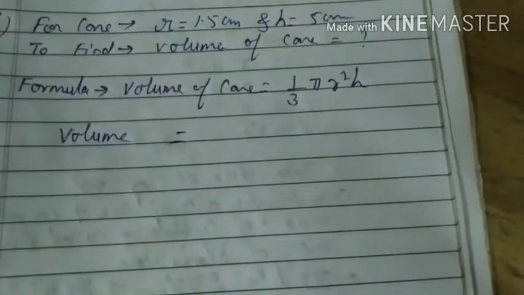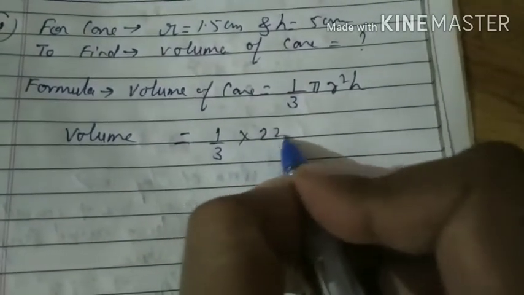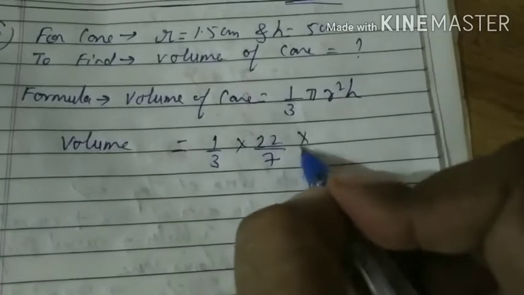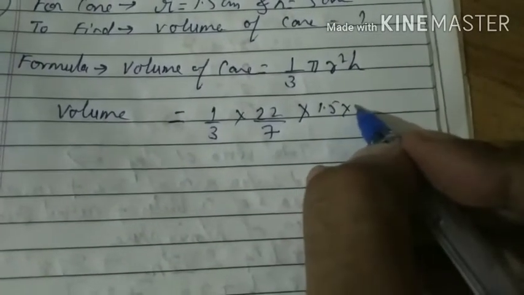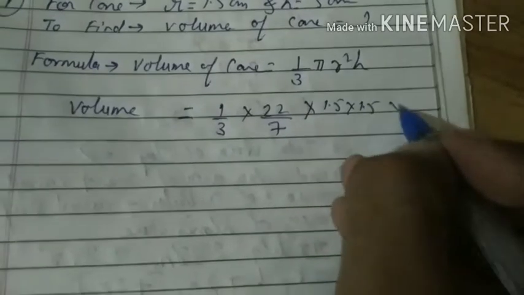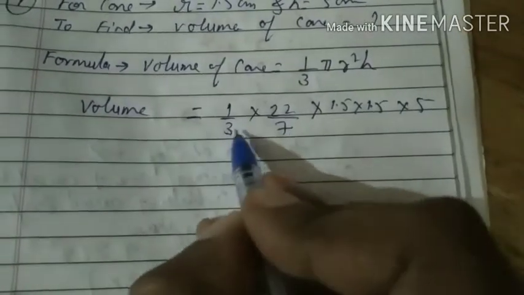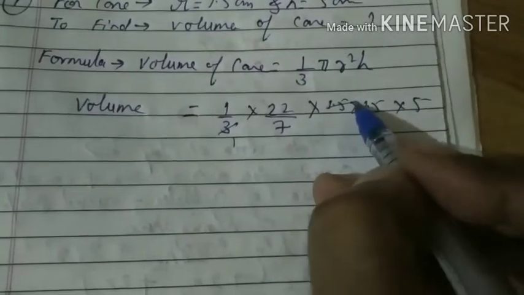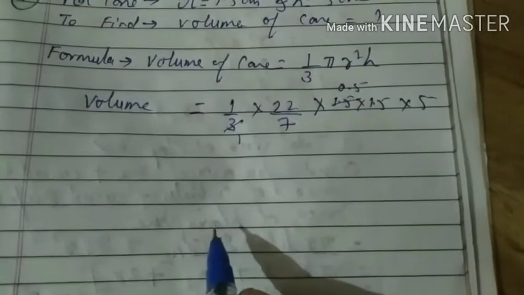Volume of cone is equal to 1 by 3, which is constant value, multiply by pi will take 22 upon 7, multiply by R is given 1.5 into 1.5 multiply by H is 5. So 3 ones are 3, 0.5 equal to 1.5.